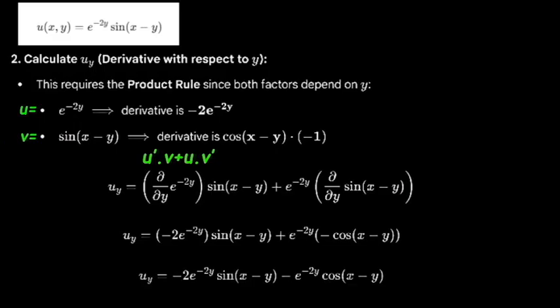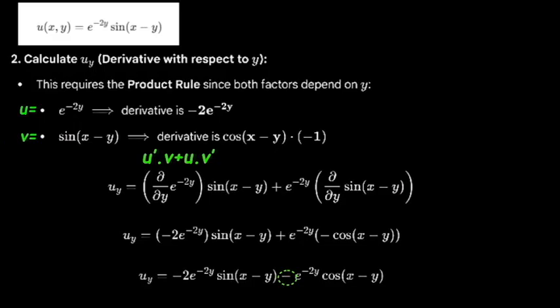So now the final equation should be negative 2y e raised to negative 2y sin(x minus y) minus, you see this negative here that we found as the derivative of x minus y partially with respect to y. If you now place it, because of this positive, it should be negative e raised to negative 2y cos(x minus y).